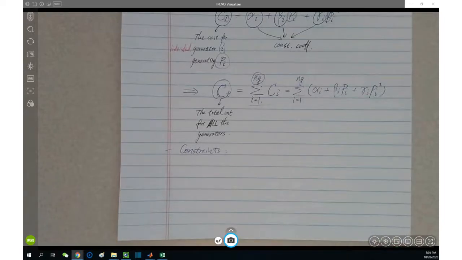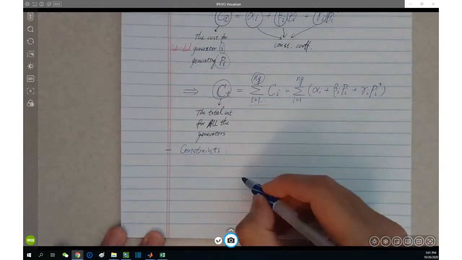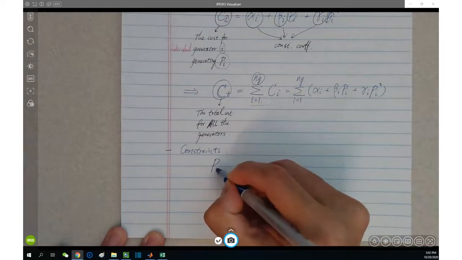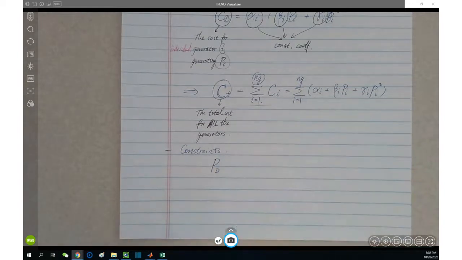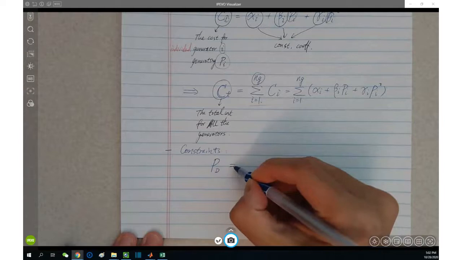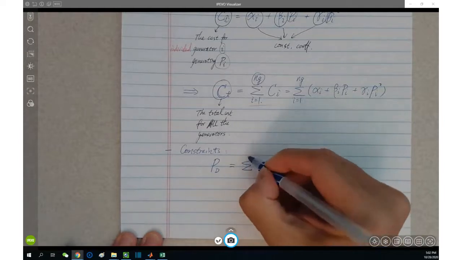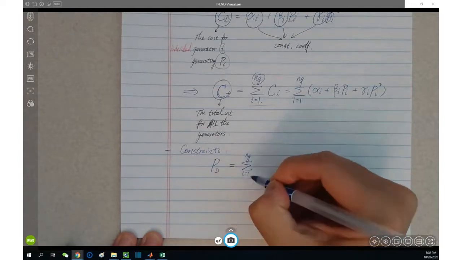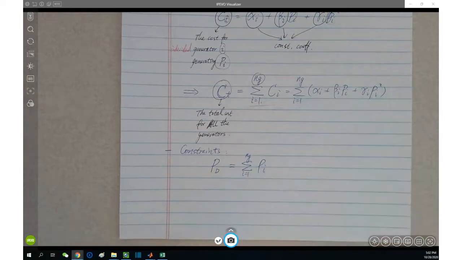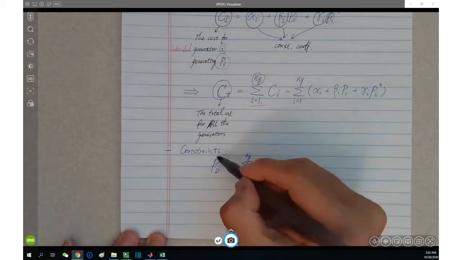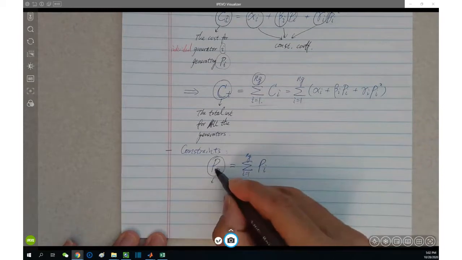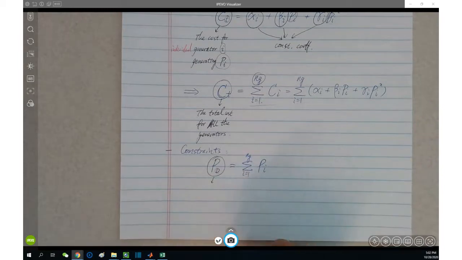Excellent answer. P sub D equals the sum of all of the individual generator powers. Subscript D represents demand.